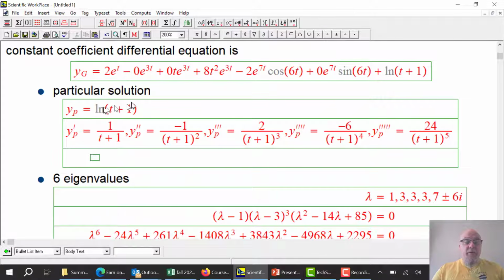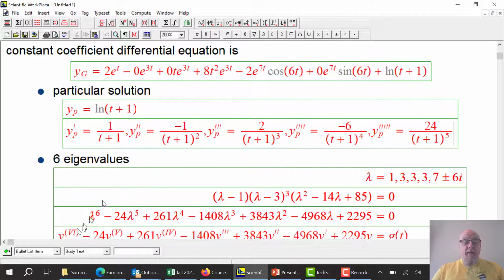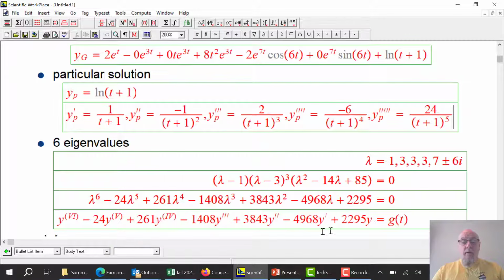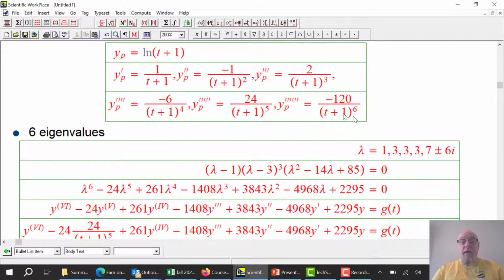So now I've got the particular solution, its first derivative, second derivative, third derivative, fourth derivative, fifth derivative. I just need to take these pieces and plug them into their spots in the differential equation to figure out what g of t is equal to. Okay, there's the sixth derivative.